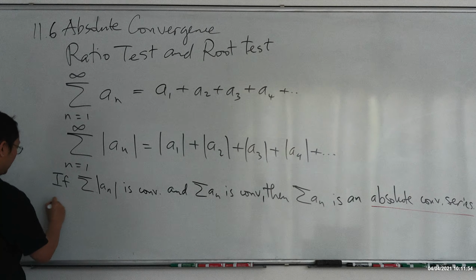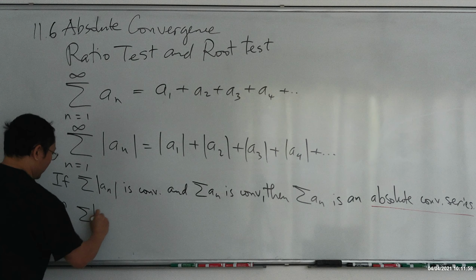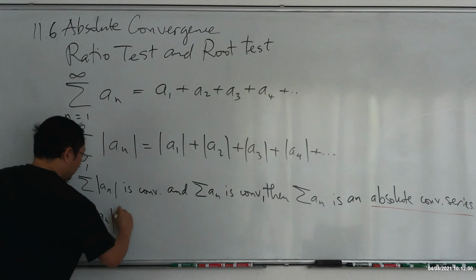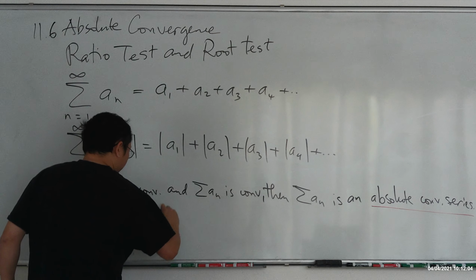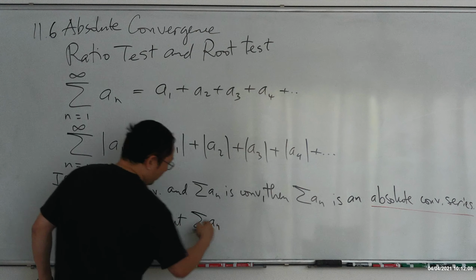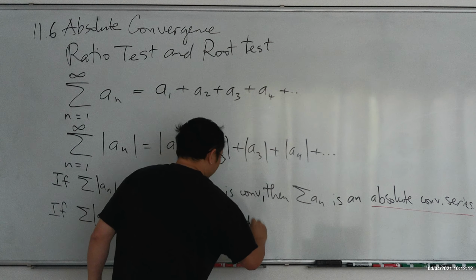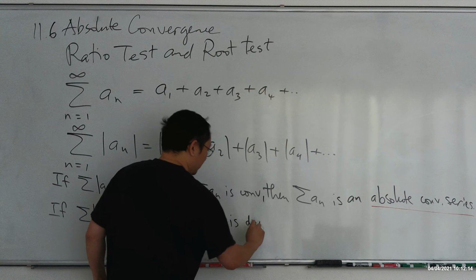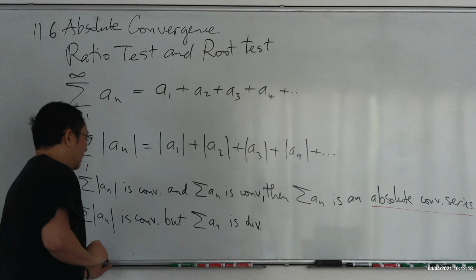Another one, if the sum of the absolute value of a_n is convergent, but the sum of a_n without the absolute value is divergent. Oh, I wrote it backward.